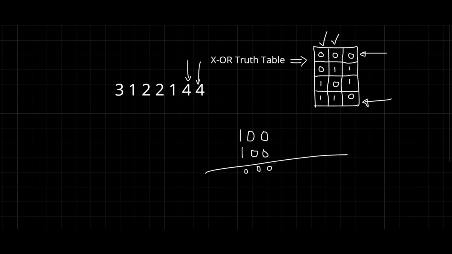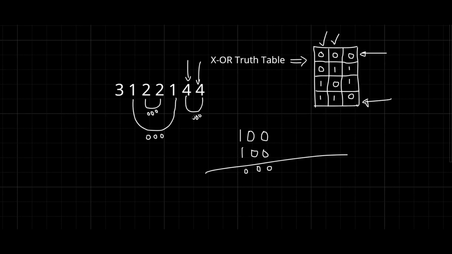So if we perform bitwise XOR between these two 4s, our output will be 0, 0, 0. Also if we perform bitwise XOR between these two 1s, our output will also be 0, 0, 0. And the same for these two 2s.